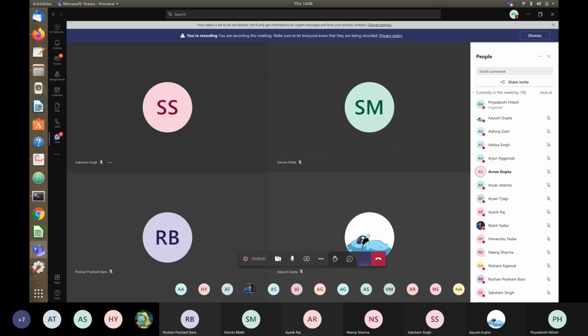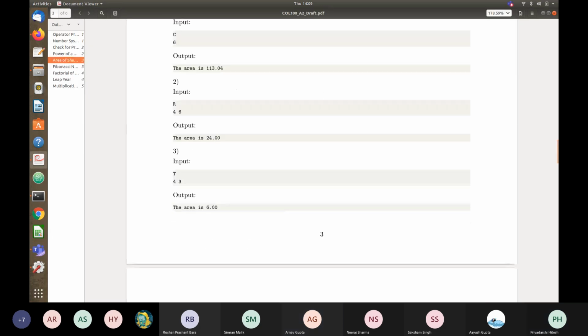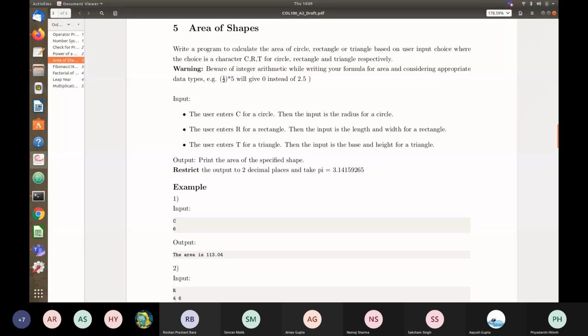Sir, I had a doubt in the last question. Sir, how would we compare the strings in the last question? Like if we write C, we need to calculate the area of the circle. In the fifth question, if the input is C, how would we ensure that the area is calculated for circle?